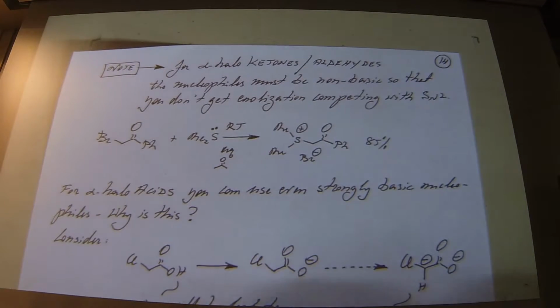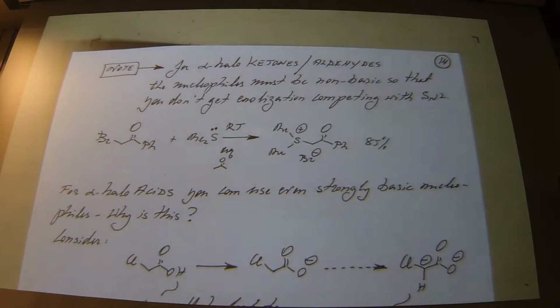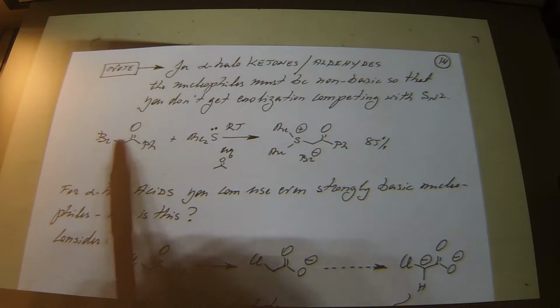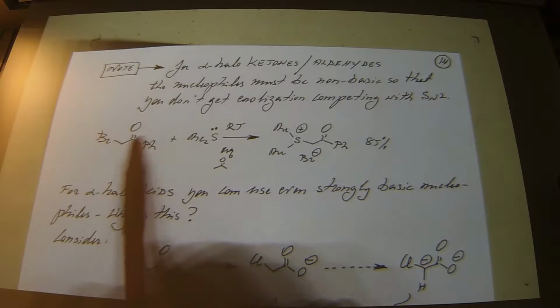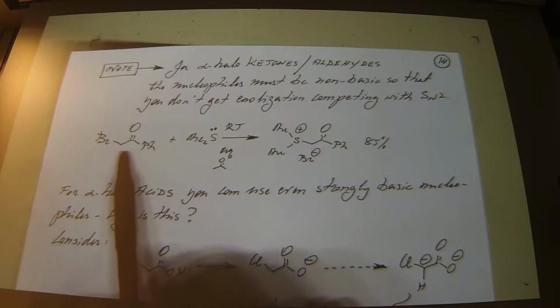There is a little bit of a trick though, because you have to be careful that the nucleophile you use is non-basic. I think you can see why: once you have the halide there, you've acidified this proton. If you have a basic nucleophile, there's going to be a competition between an acid-base reaction, which will convert this into an enolate, and the SN2.